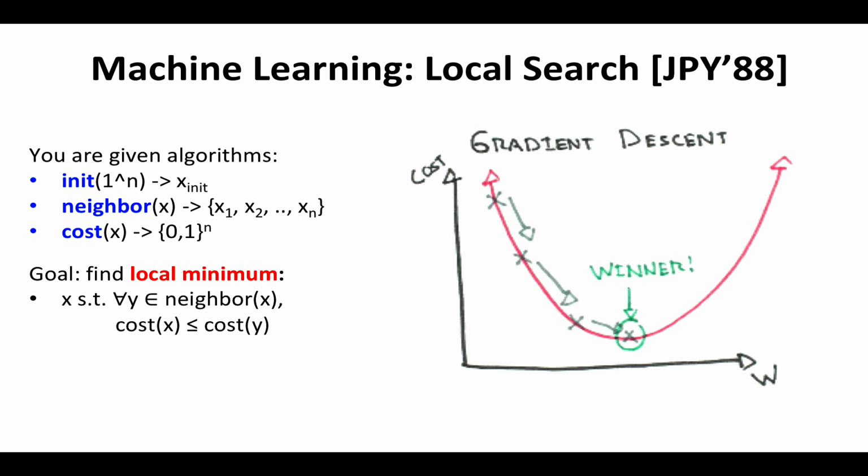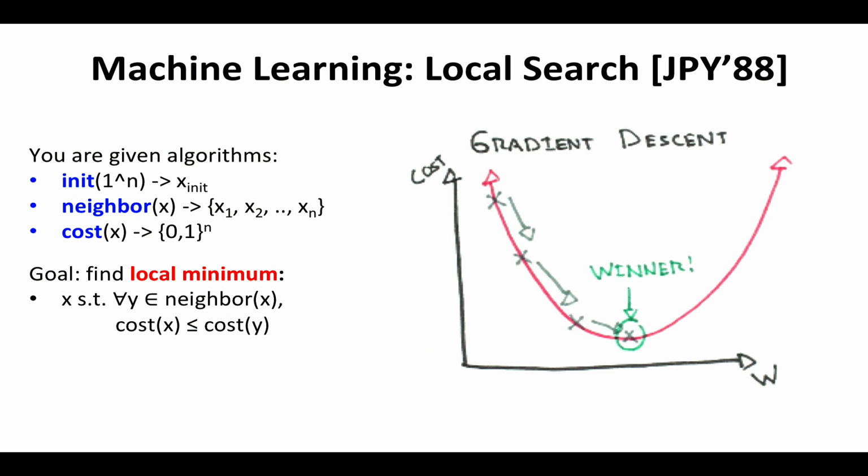Here is something that's a little bit more practical in today's world. Machine learning. One of the key things in machine learning today is a method called gradient descent, which is a particular instance of what's referred to as local search. In local search, you can abstract the problem as follows. I'm going to give you 3 algorithms.